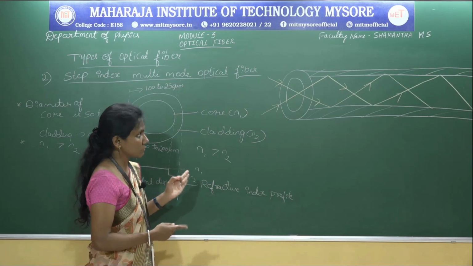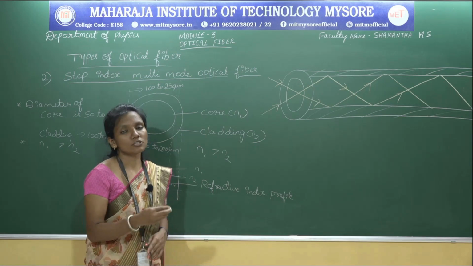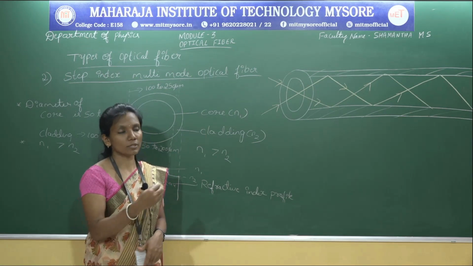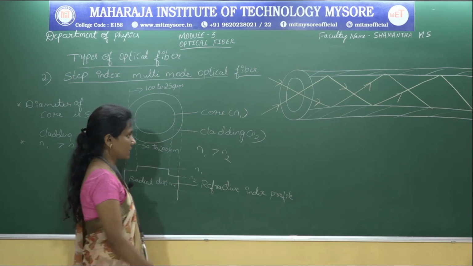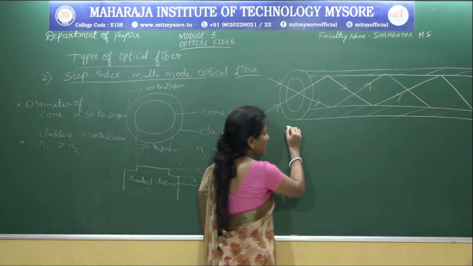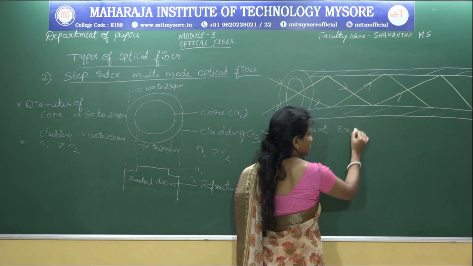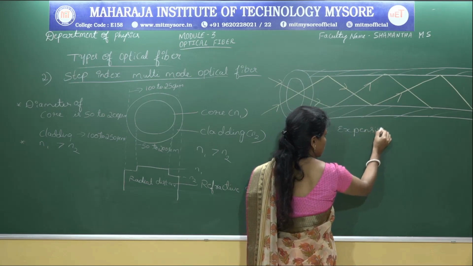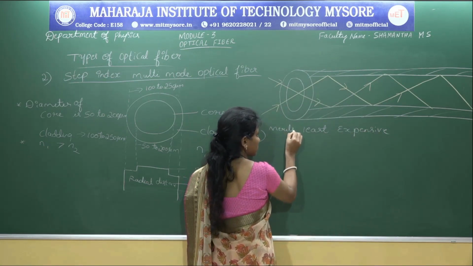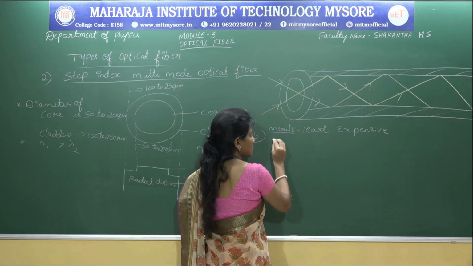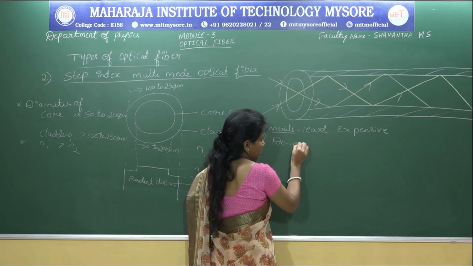This multimode optical fiber is used for telecommunication purposes, but at a shorter distance, due to its lower bandwidth. Compared to that, it is the least expensive. So the merit is least expensive. And what about demerits?